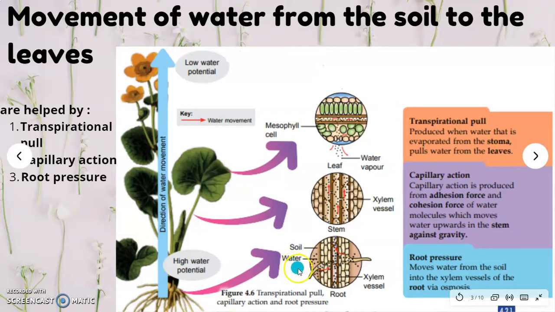Water moves or diffuses into the root hair cells by osmosis and creates a root pressure. And then the water moves into the xylem vessels of the root.